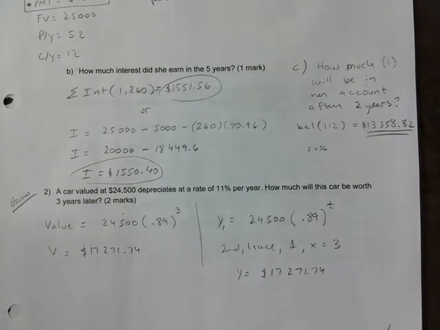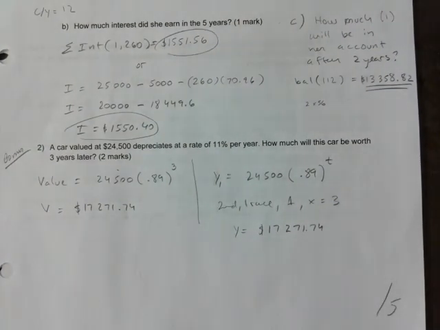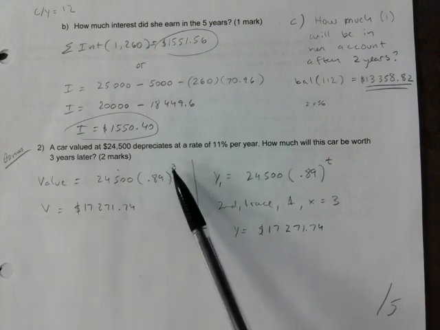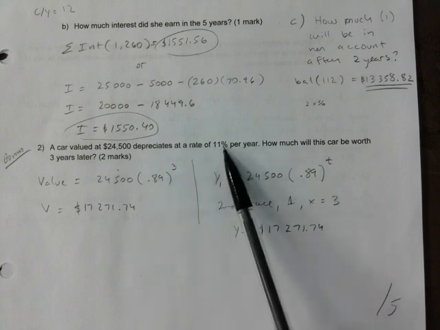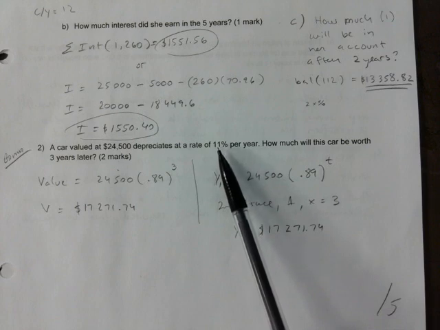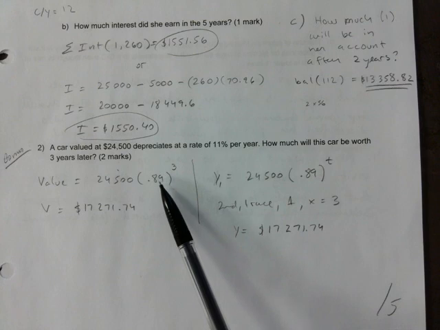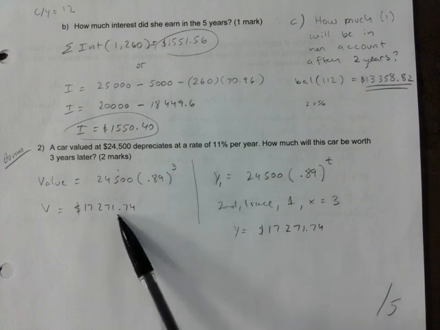Okay, if you did this right, either by using the formula and just plugging in 3 for the years, remember, if it depreciates at 11% per year, remember when we had to, if it's a decreasing function, you go 1 minus the 11% per year to get 0.89 to the power of 3, you get this.